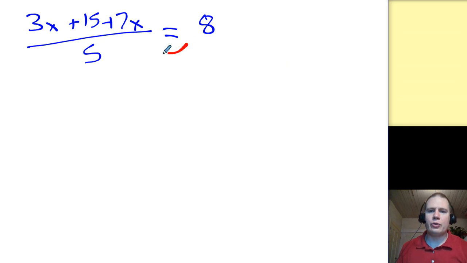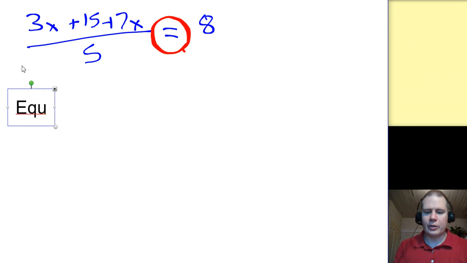And this new symbol makes all the difference. This is no longer an expression. This is still an expression over here on the left. 8 is an expression, right? It's a number. That fits our definition. But these two expressions together linked with an equal sign, that is an equation, right?